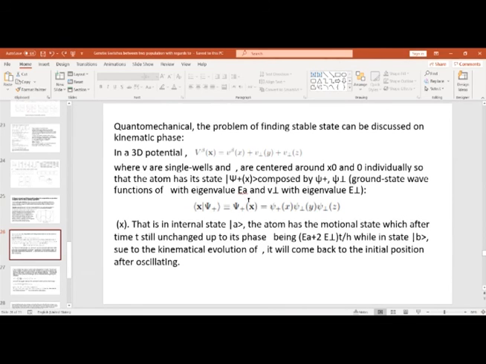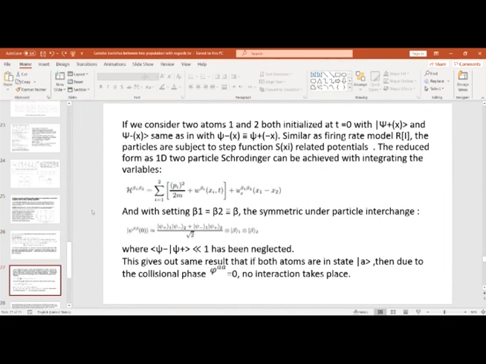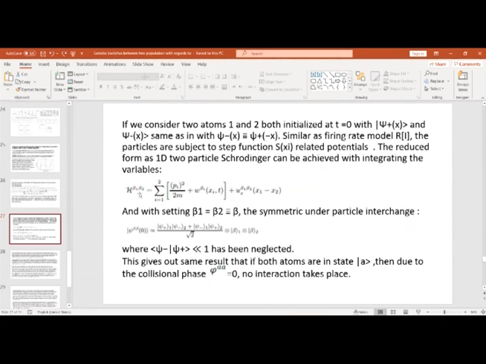Here, this is the eigenvalue, and then it goes to the Hamiltonian in the quantum computation way, and we try to find the collisional phase.